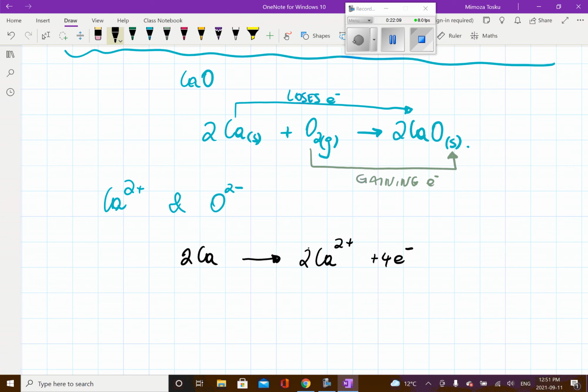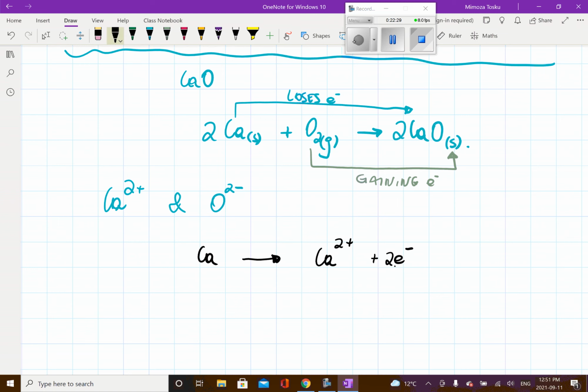If 1 calcium is giving up 2, then 2 calcium will be giving up 4 electrons. You can also multiply by 2 later on, and it is still fine.